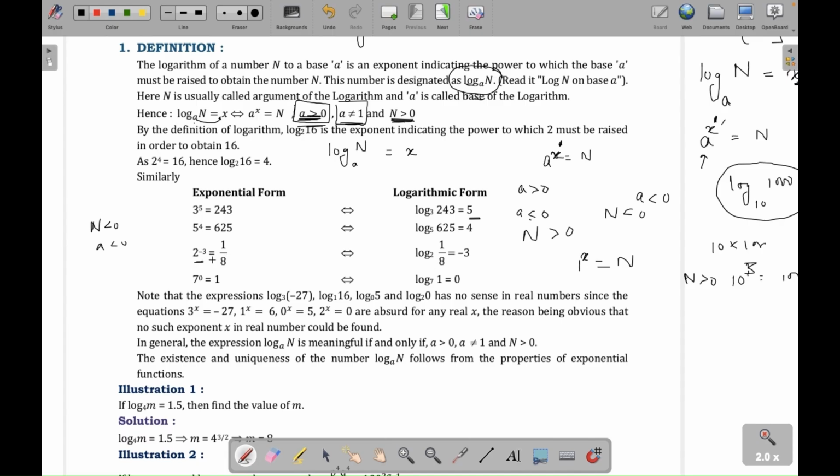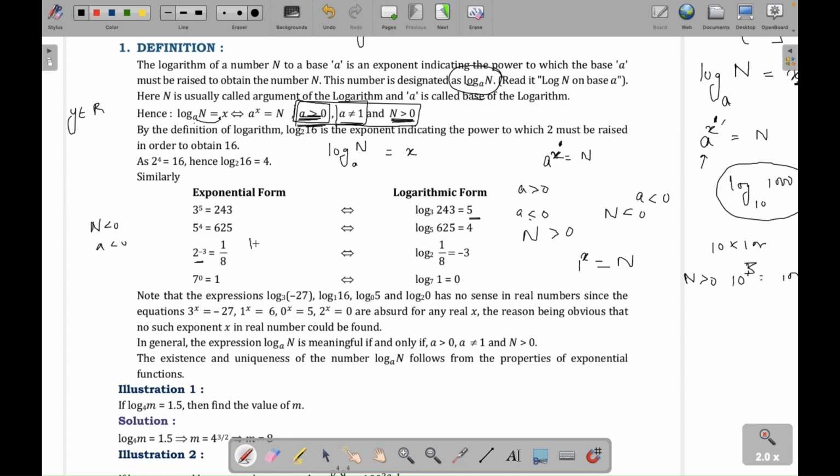So now we are talking about range and not domain. Range means what value that log will give us. So you know exponents can be negative as well as positive, right? So it can take any value. So y belongs to R, and for x you have these conditions. So here it is saying 2 to the power minus 3 is 1 upon 8.